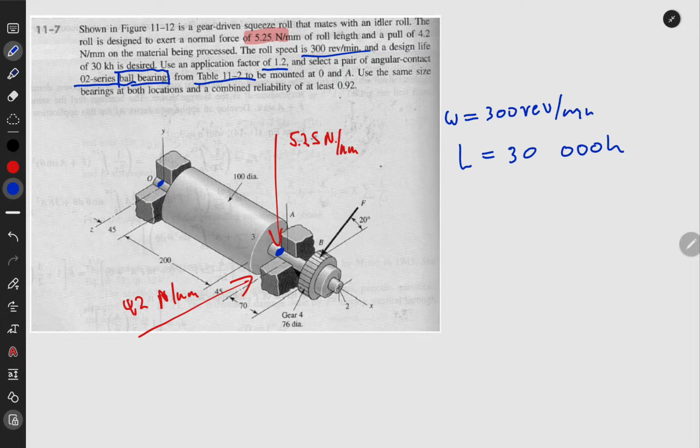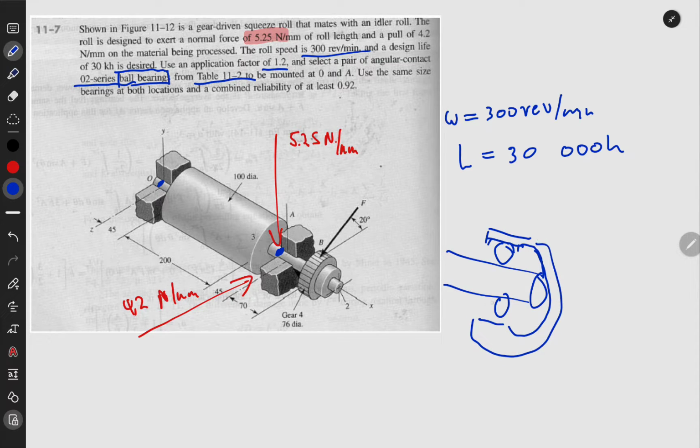So I told you how they're mounted there. Literally, let me say there is a shaft here. I'm not an artist. Your bearings will be something like this: there will be a ball here, and another ball here, and this thing will be holding these balls like that.